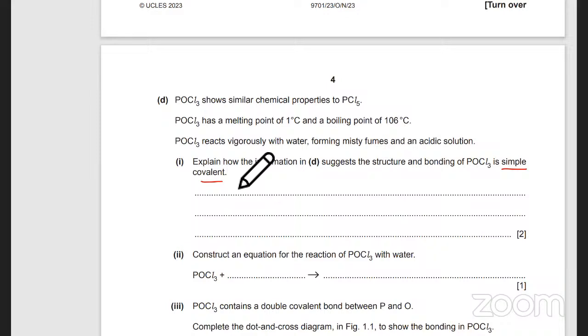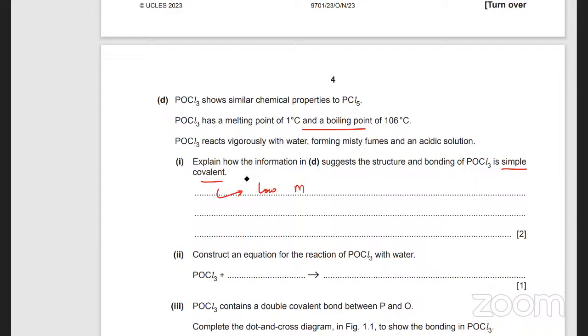Write it down. What is the property of simple covalent? If it's simple covalent, the first thing is that the melting and boiling points are low, right?